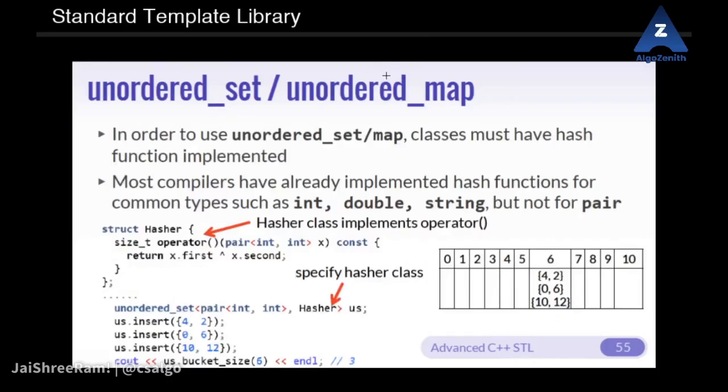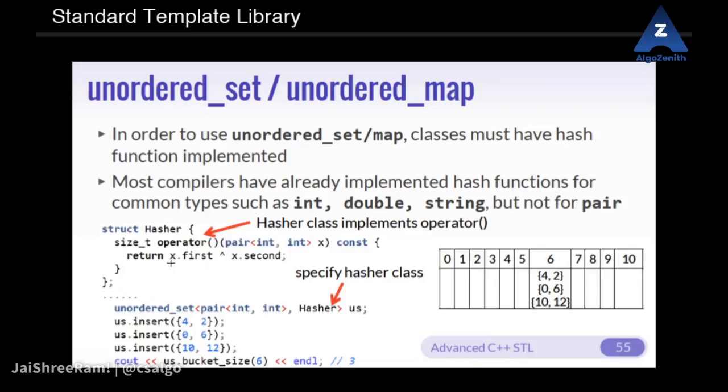Now in order to use unordered set and map, the class that you are putting inside it should be hashable. So you can create custom hashes if you want to. Int, double and strings are by default hashable, but pairs are not. If you want to create hashes for pairs, you can create a custom struct like this and return a hash. Given a pair, what is the hash value?